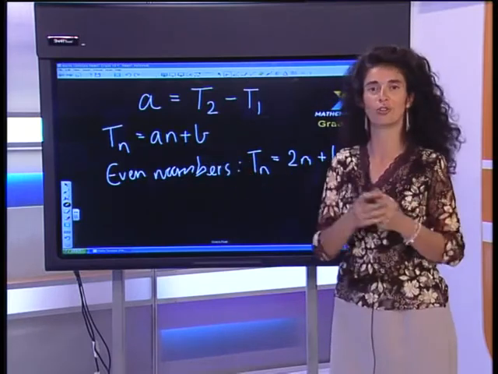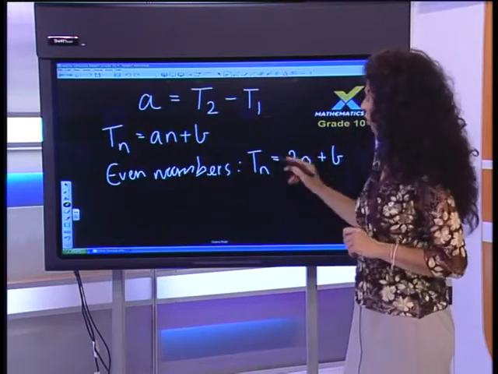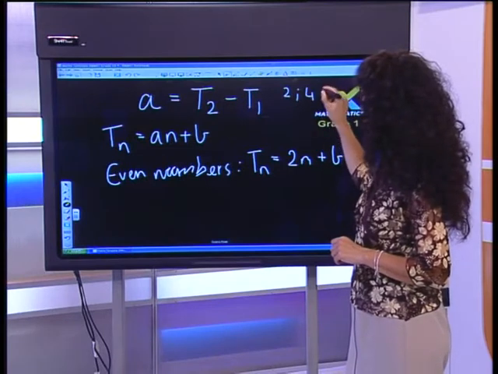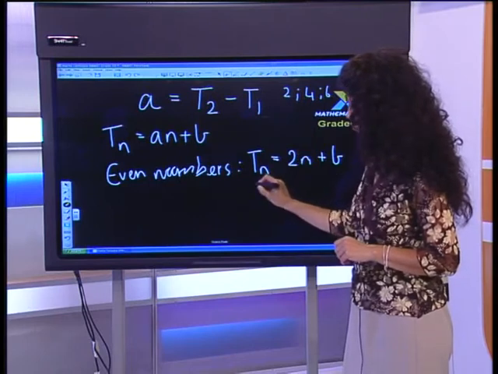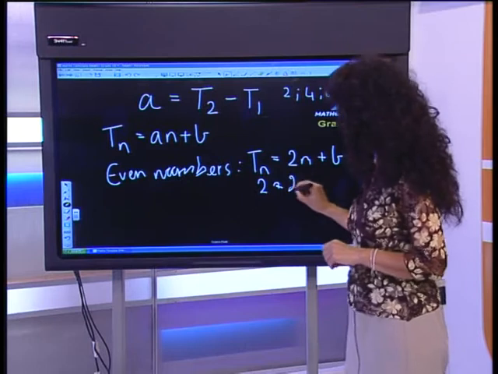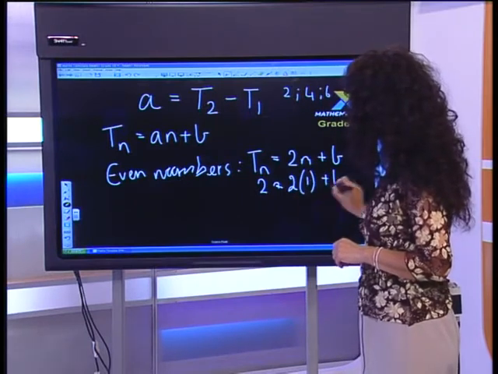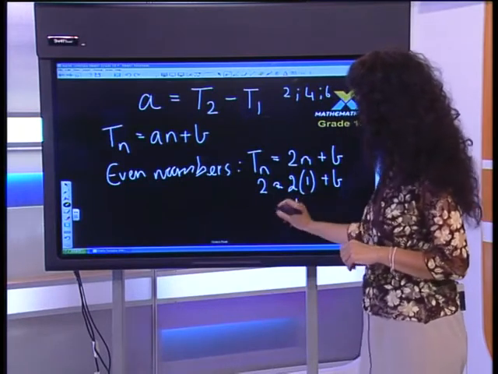What will the value of that constant be equal to? Well, that's easy. We're going to take the first term. Remember, it was 2, 4, 6, etc. Tn's value for T1 is 2. So that's equal to 2 times 1 plus b. So my b, if I solve the equation, would be 2 minus 2 is 0.